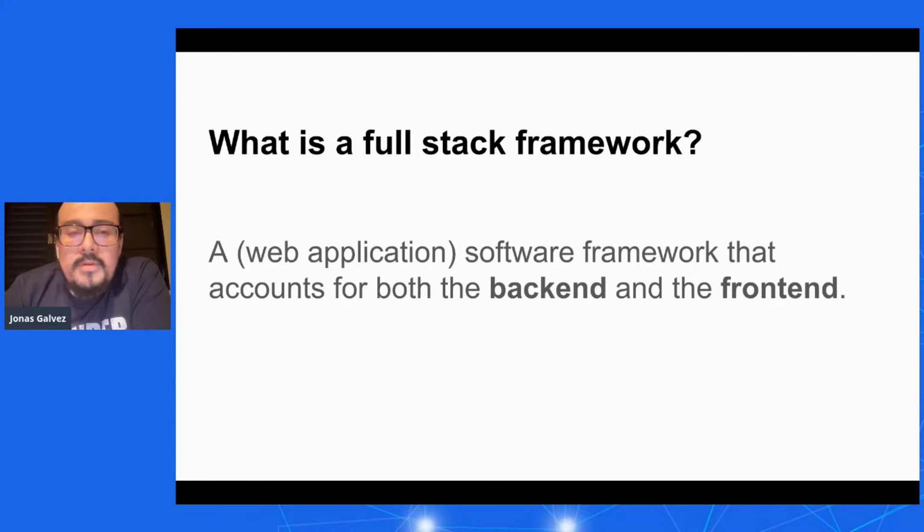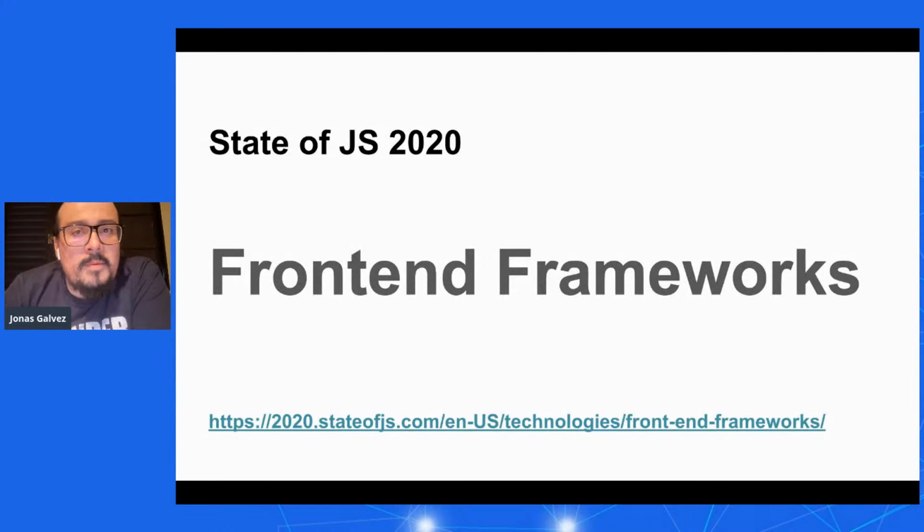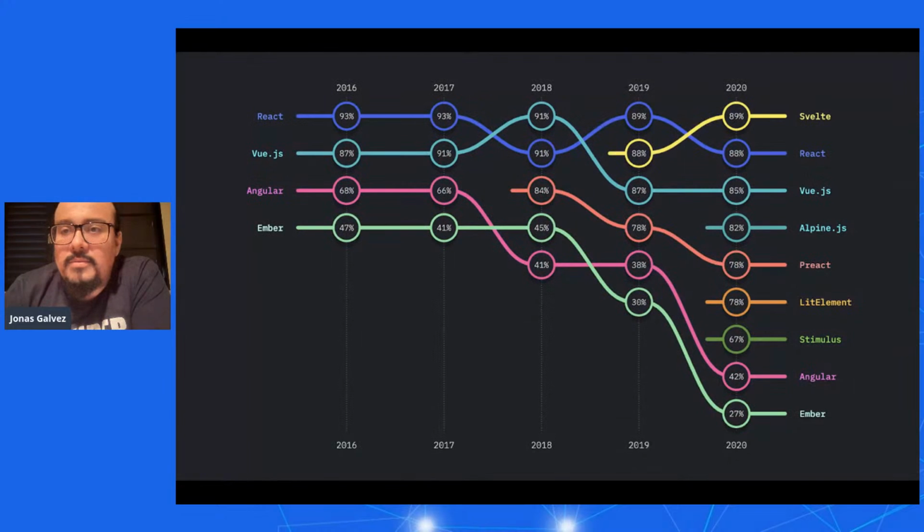So moving on, you've probably seen recently the release of the State of JavaScript, the stats from the community, satisfaction ratings, and the technologies that make up the scene. In the State of JavaScript from 2020, we have this list of front-end frameworks, which shows Svelte at the very top, React, Vue.